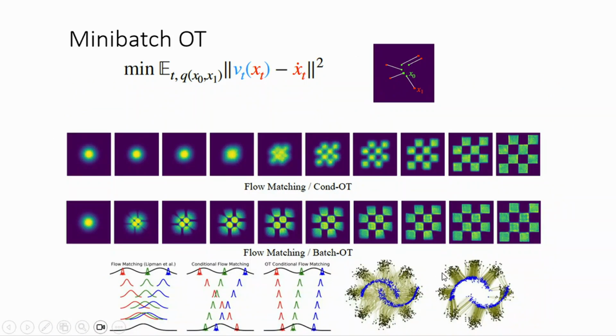This is an intuitive example from the mini batch OT paper, where you avoid going through the crossing paths, which would create a statistically harder to optimize ground truth, and you get shorter paths and a more globally optimal transport distribution at the end.